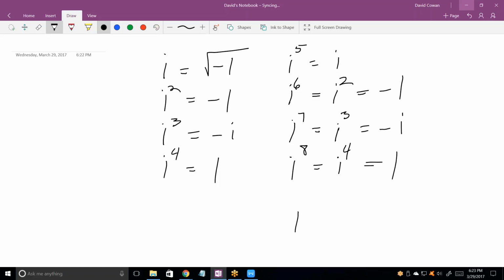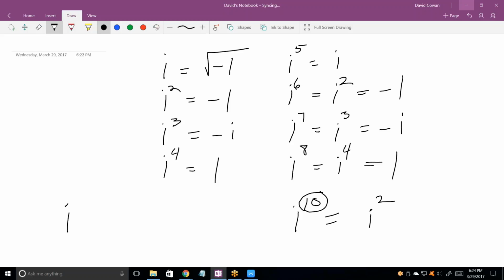So what's i to the 10th equal to? -1. In other words, you divide that number by 4 and deal with just the remainder. That's the same as i squared.